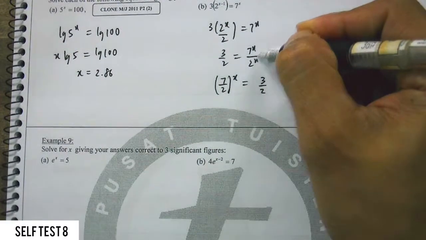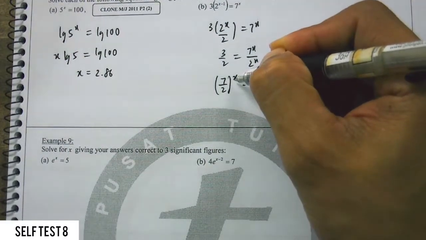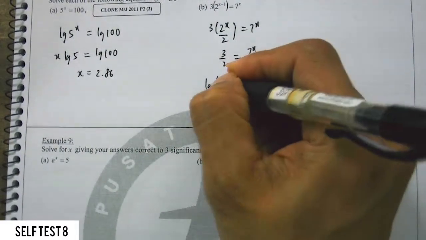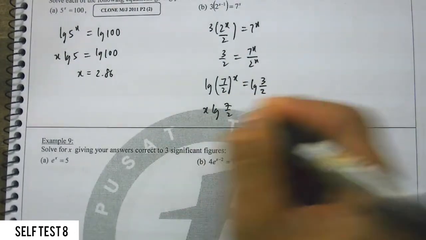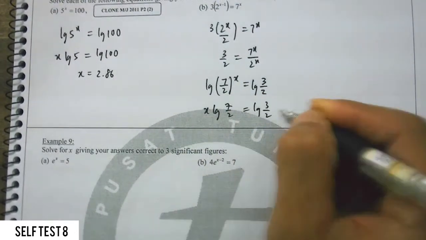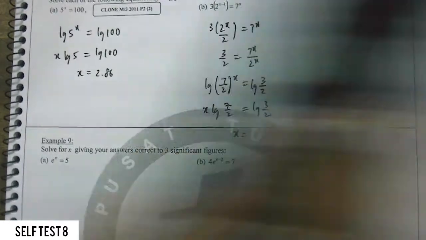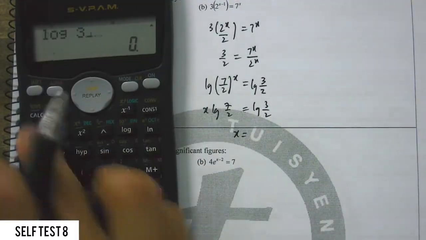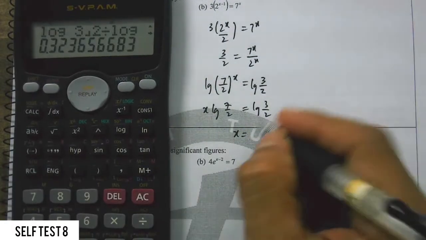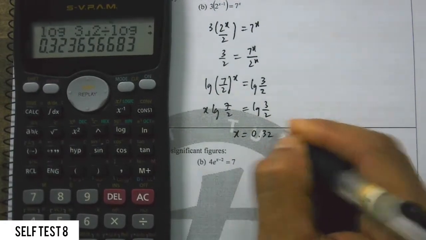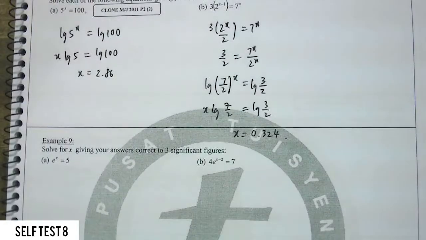What's the common factor? x. Only then do we introduce log. That will be much easier. Then you bring the power down and use your calculator. Log 3 over 2 divide log 7 over 2. The result is 0.324. Okay?